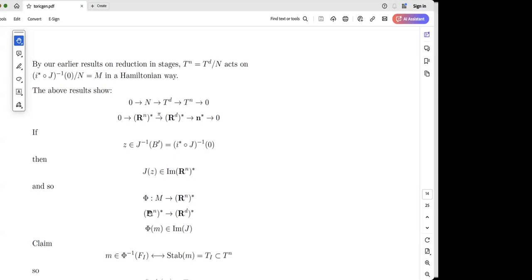And so phi sends M to Rn star, and Rn star gets mapped to Rd star, which gives you phi of M is in the image of J. So I claim that for little m in phi inverse of F sub I, this is equivalent to the stabilizer of m being equal to T sub I, which is a subset of T to the n.